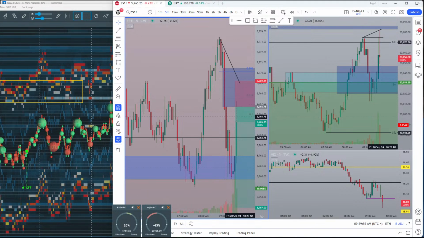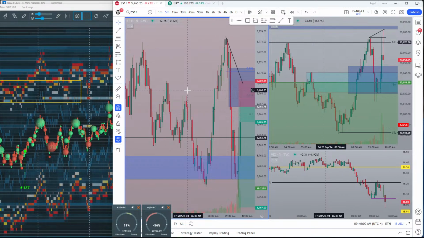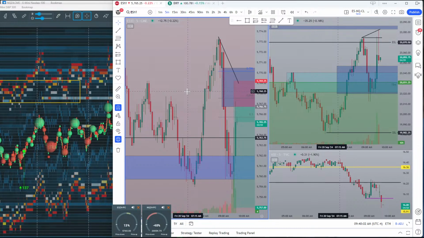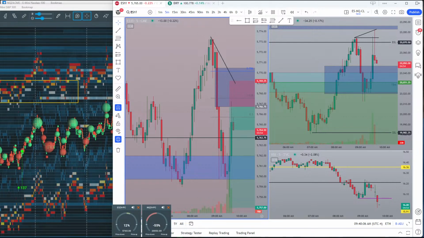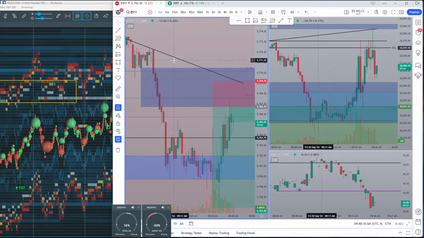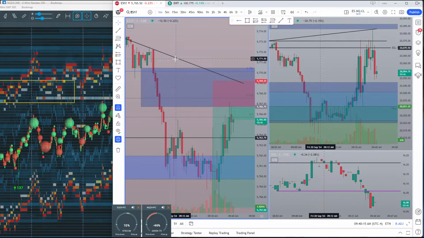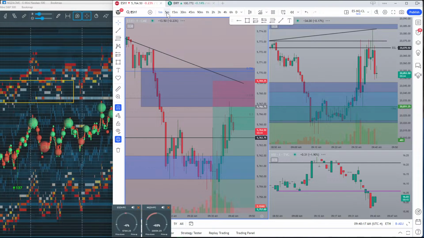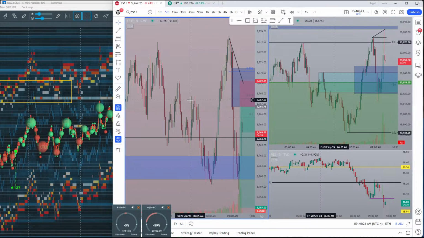We have any news coming up at all? Not much today. I want to see one more push to enter shorts on ES here. Something at 10. Let me look. Yeah, 10 o'clock is the Eurozone consumer confidence flash. That's not a big thing.